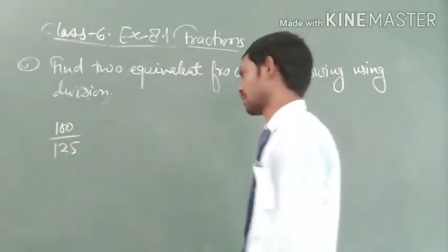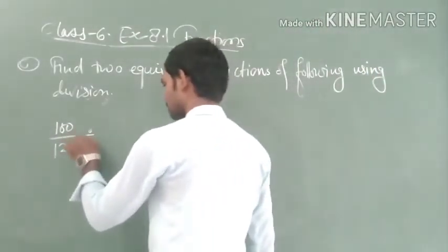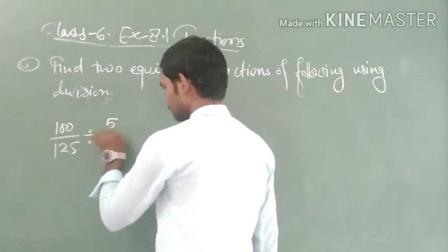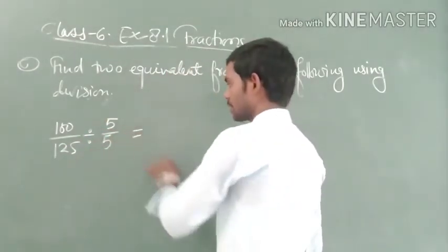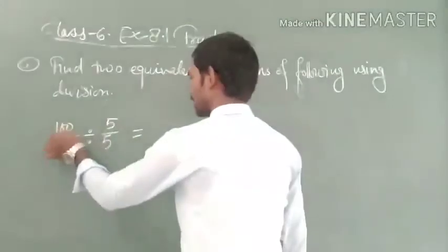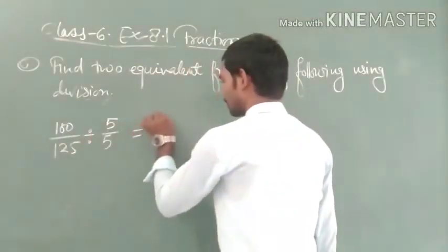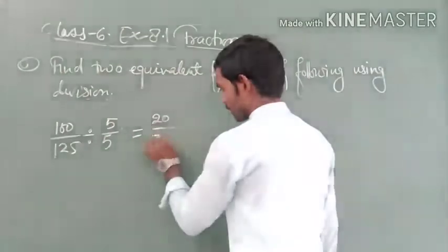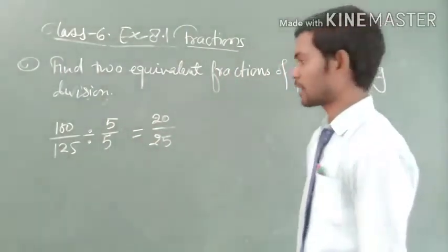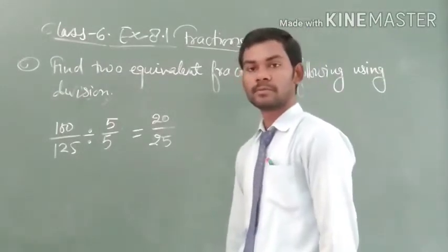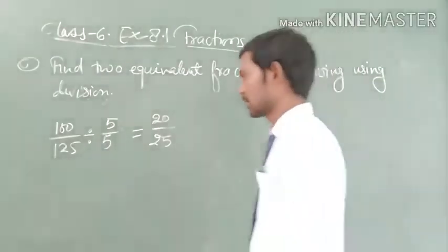Okay, so let's divide. When we divide 100 by 5, we get 20, and here we get 25. This is the first equivalent fraction of 100 upon 125. And let's see the next.